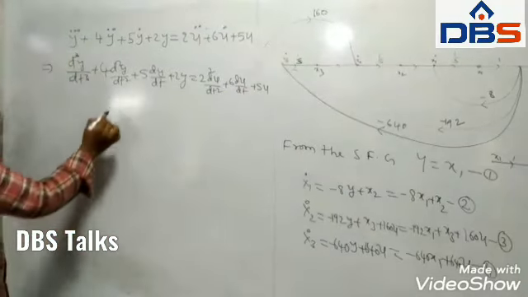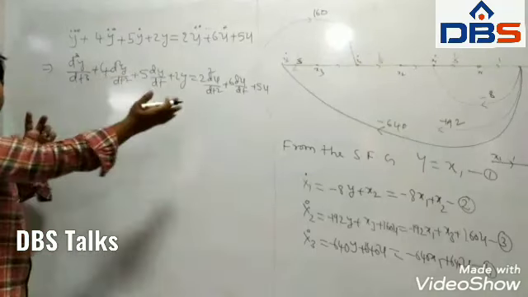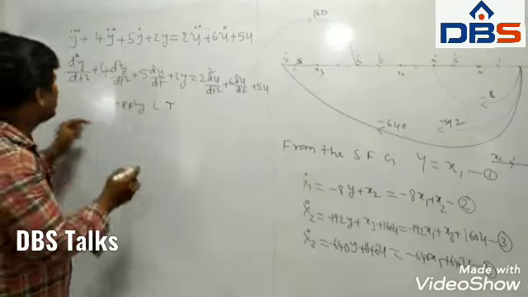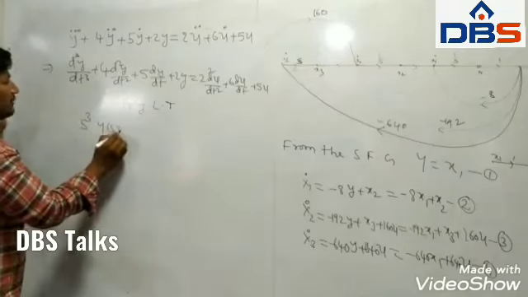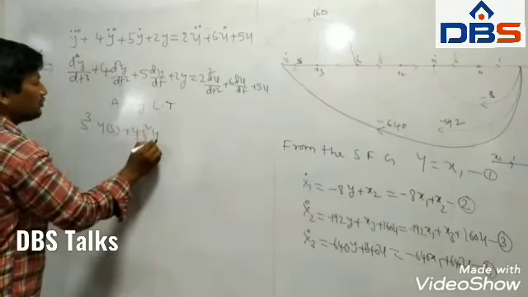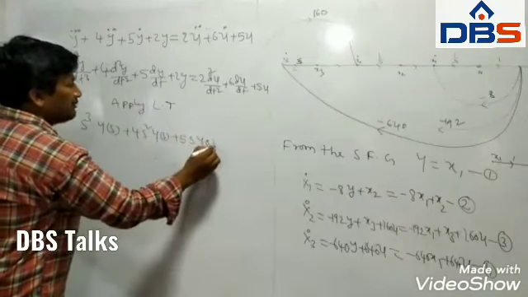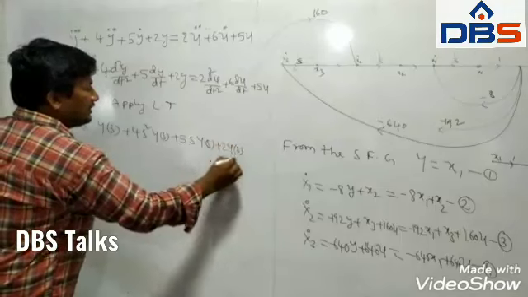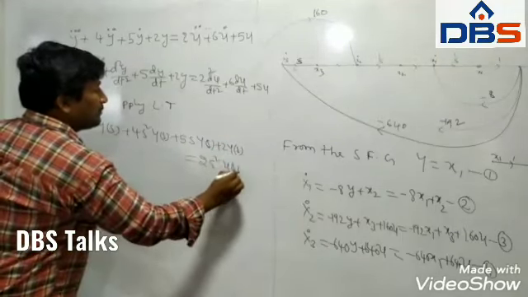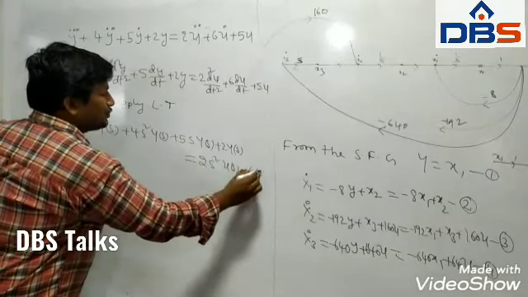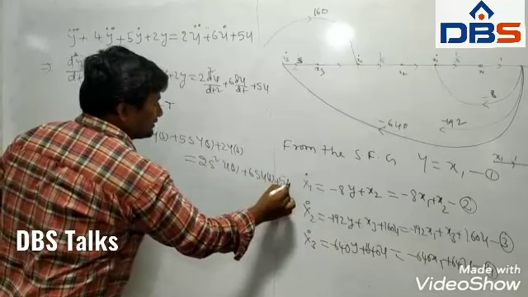So apply the Laplace transform on both sides. That is, s cube into Y of s plus 4s square into Y of s plus 5s into Y of s plus 2Y of s equal to 2s square into U of s plus 6s into U of s plus 5U of s.